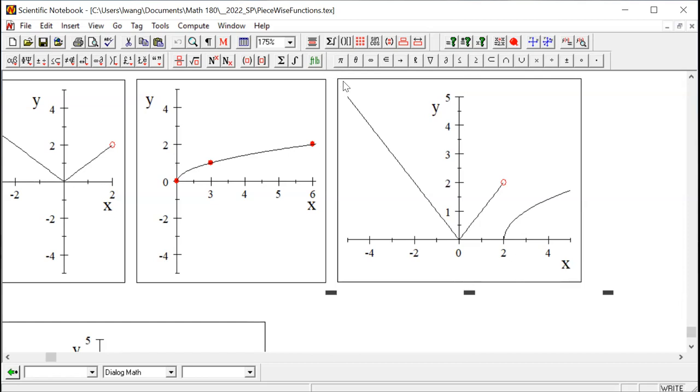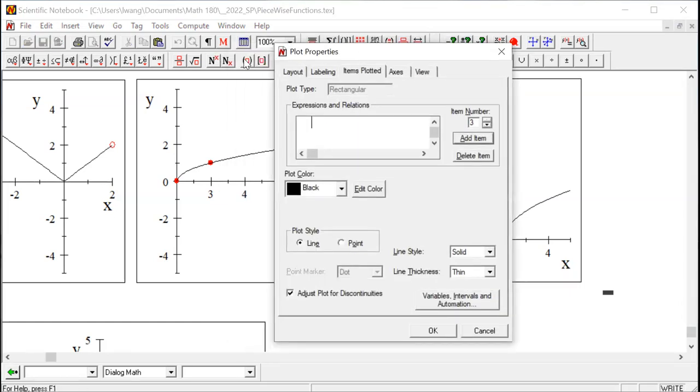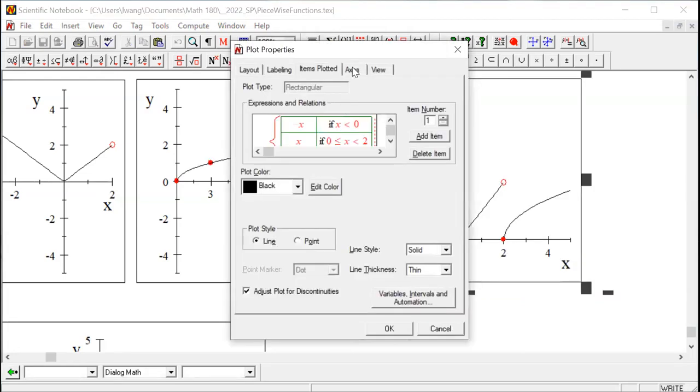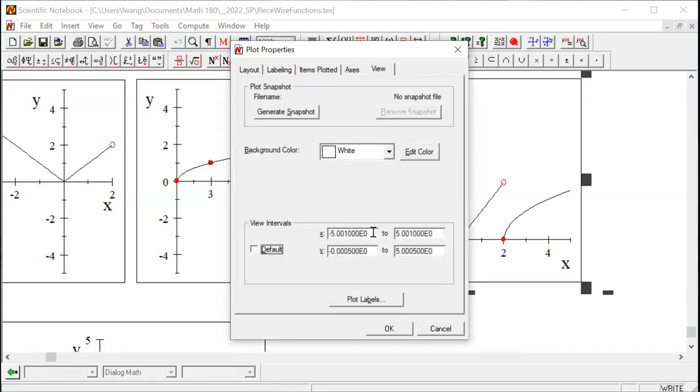Just to tell the reader, when input equals 2, the output is 0. So this picture will be complete. I'm going to make the view just a bit wider.